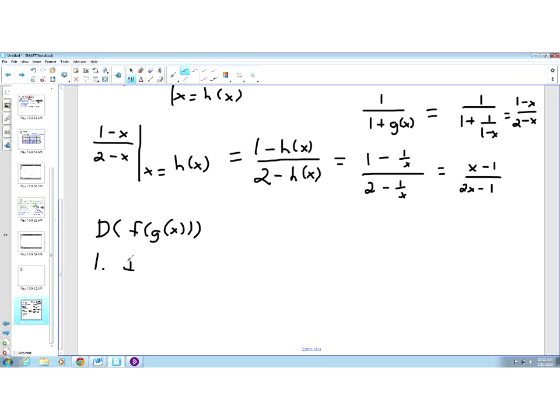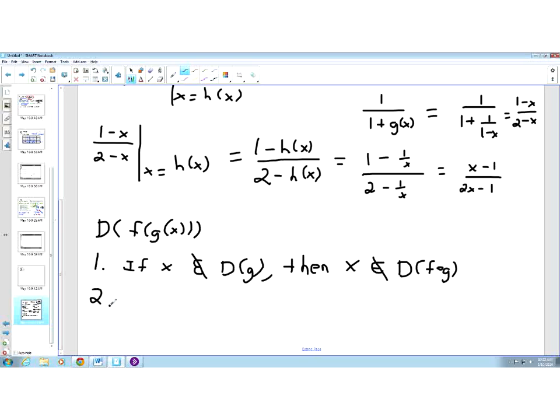If x is not in the domain of g, then x is not in the domain of the composition. All right, so that's one thing.